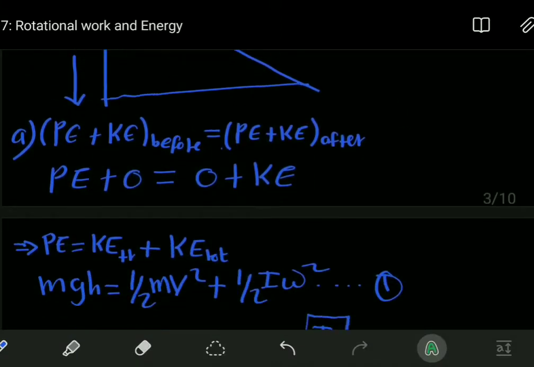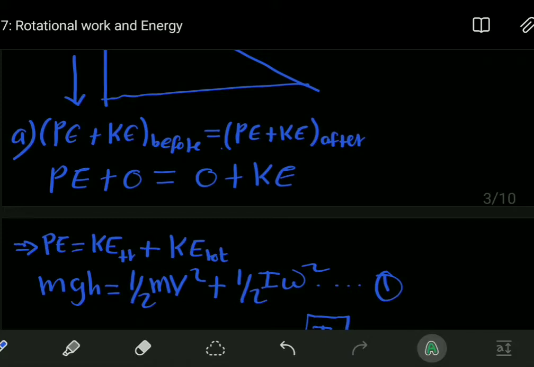We have that potential energy at the top plus 0, meaning that kinetic energy is 0, is equal to 0 potential at the bottom plus the total kinetic at the bottom.